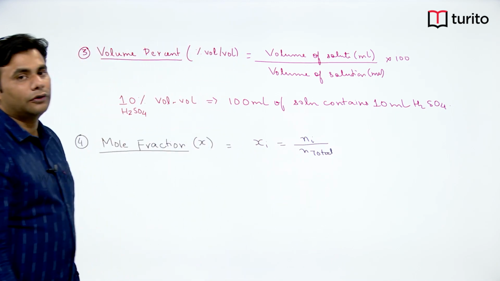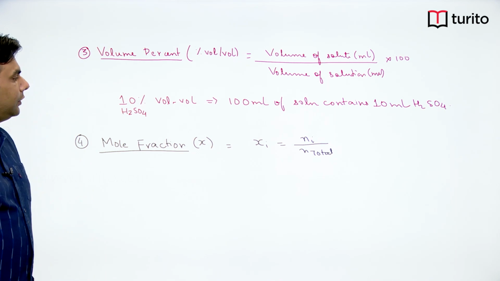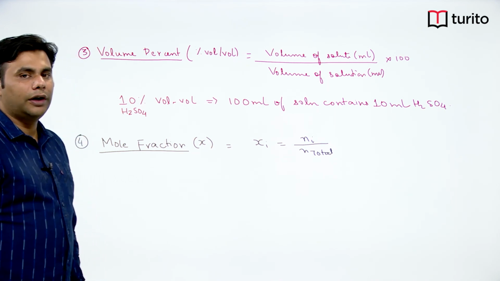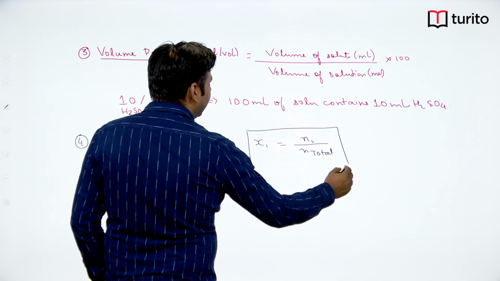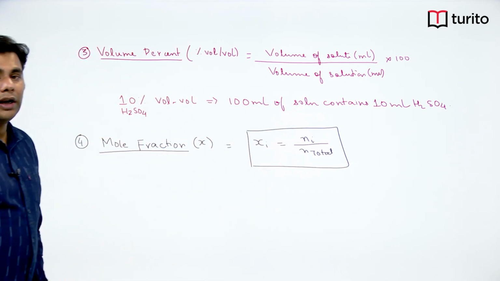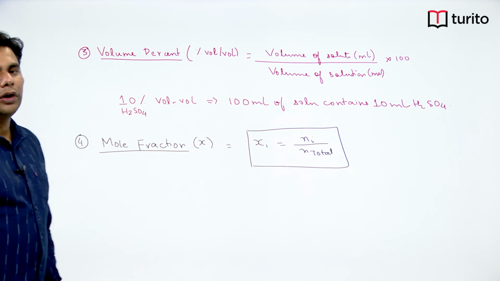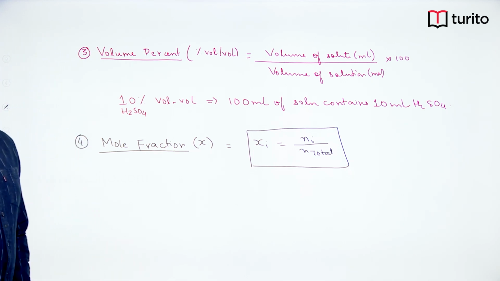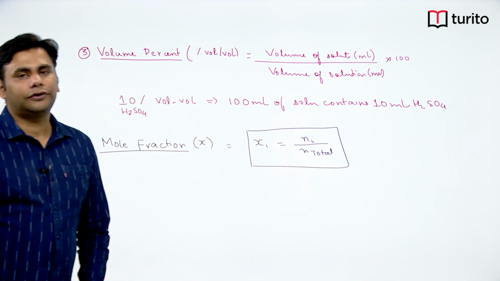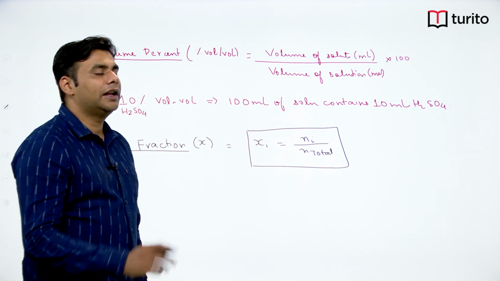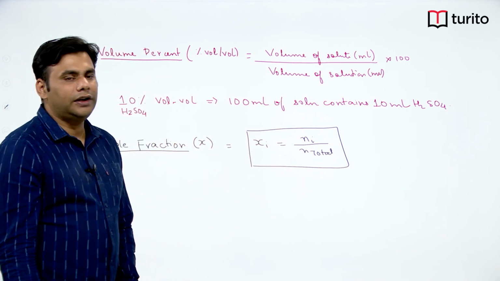So mole fraction of any component, say the ith component, will be equal to the number of moles of that component divided by total moles. So basically this is telling us the total number of moles of solute present in the total number of moles of solution. Okay, so suppose x1 is the mole fraction of solute, it is basically saying the moles of solute that will be present in the total moles of the solution.